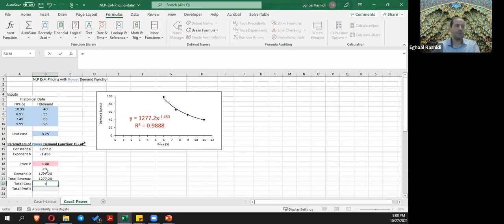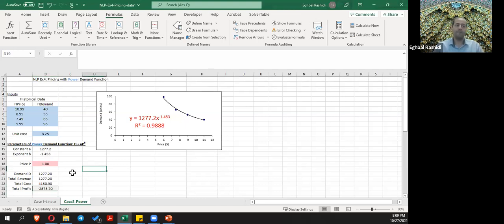And total cost is demand multiplied by unit cost. This is unit cost. And profit is just the revenue minus the cost.